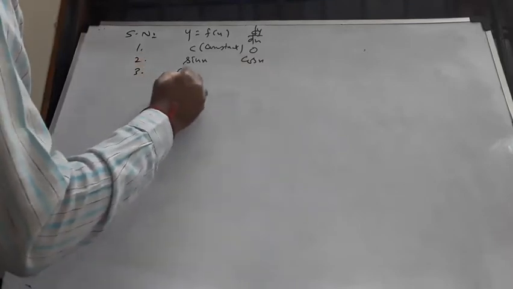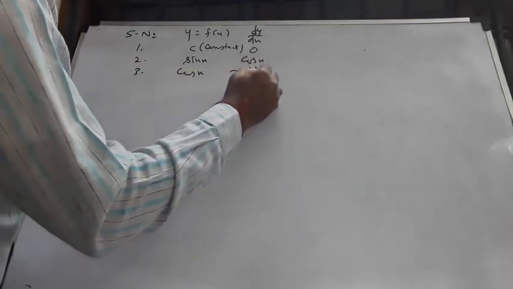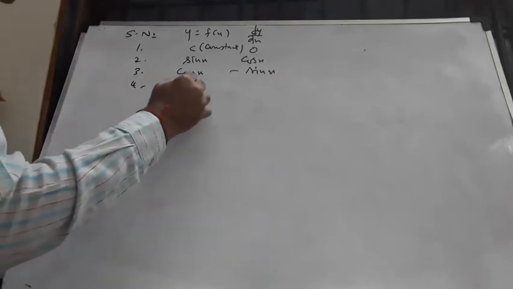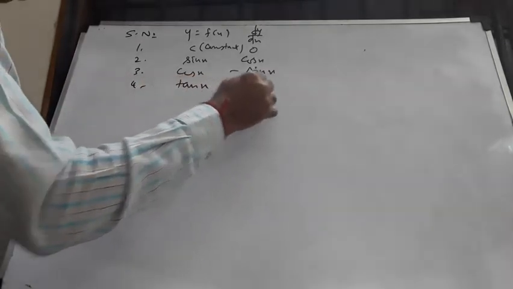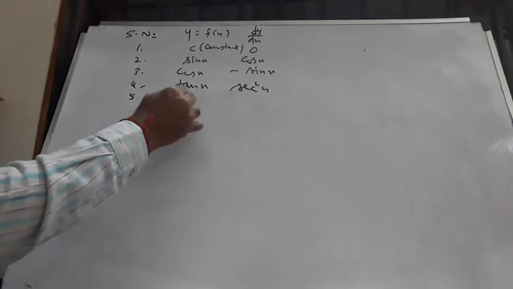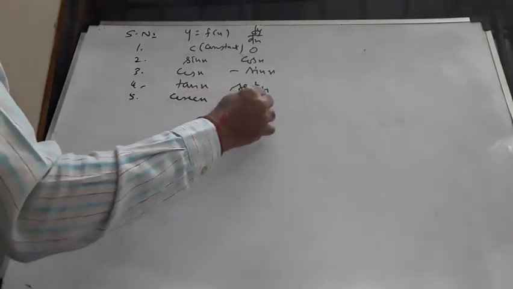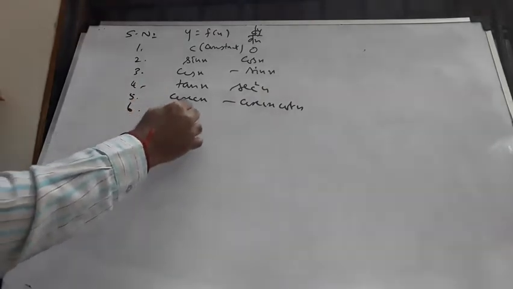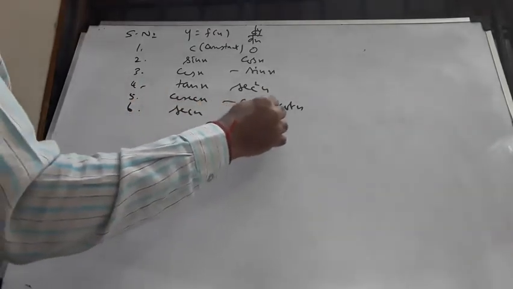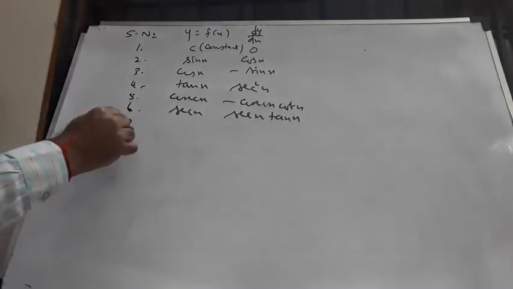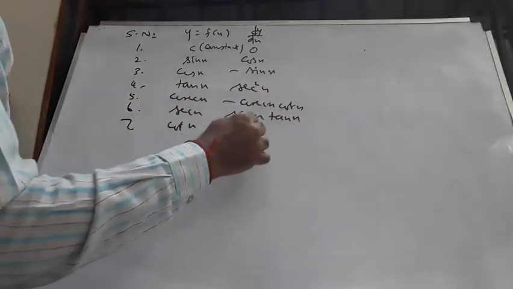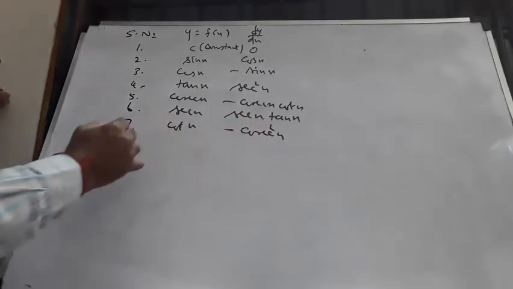Then cos x, derivative is minus sin x. Then tan x, derivative becomes secant square x. Then cosecant x, this is minus cosecant x cot x. Sixth one, when it is secant x, it is secant x tan x. Then cot x, the derivative becomes minus cosecant square x.